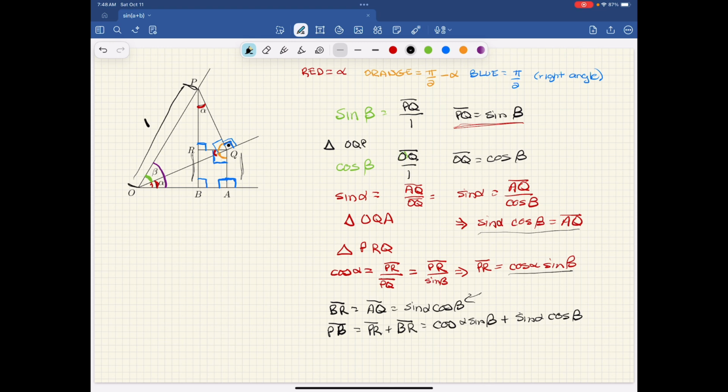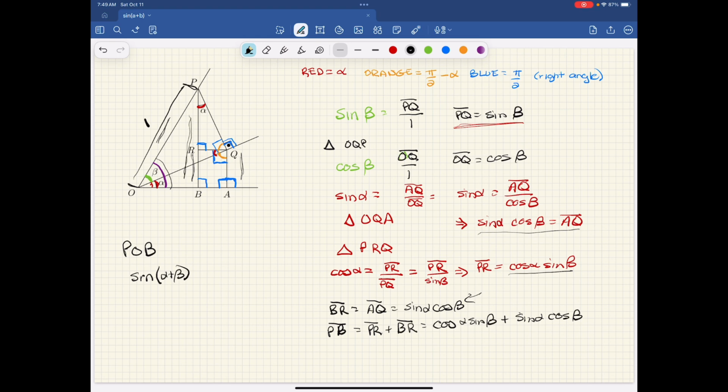But this line segment PB is the opposite side in this big triangle here, POB. And therefore, it is the opposite side to the angle alpha plus beta, which we have right here. And we know the hypotenuse of that is 1. So the sine of alpha plus beta is going to equal the length of PB.